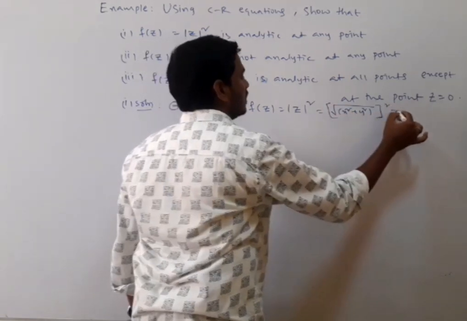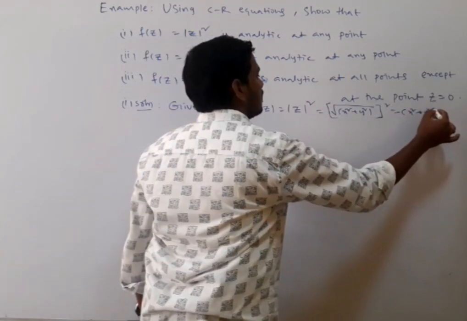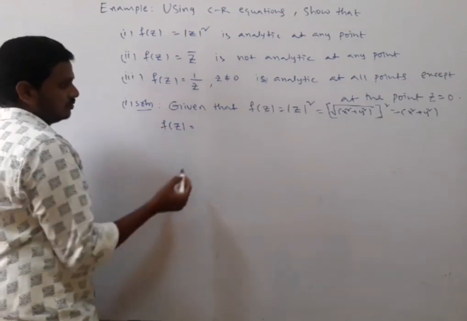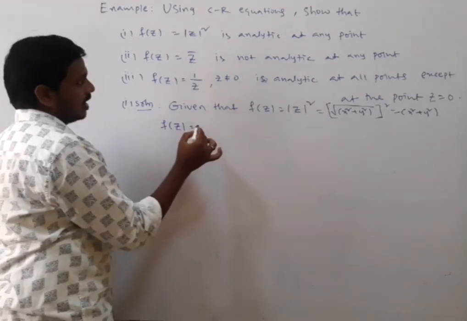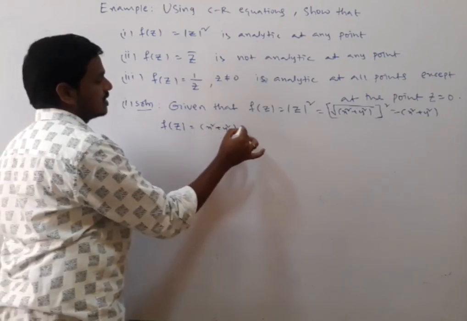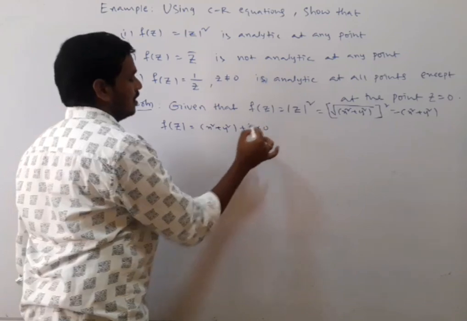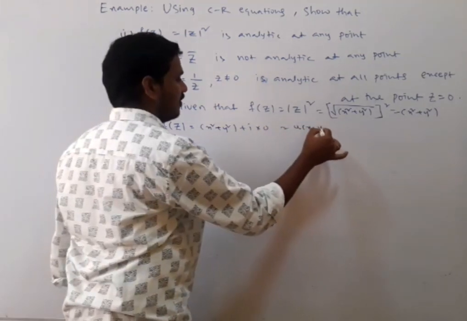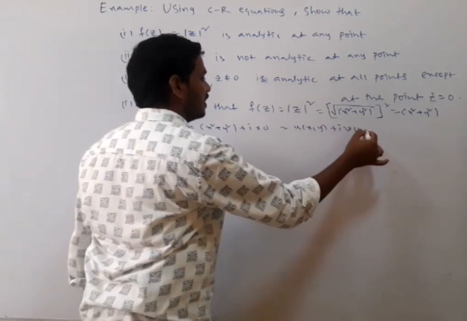So we have x square plus y square. That implies f of z equals u of x comma y, that is x square plus y square, plus i into 0, which is the same as u of x comma y plus i v of x comma y.